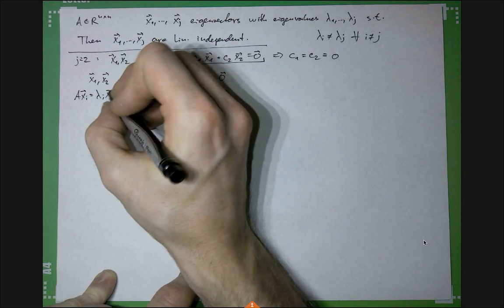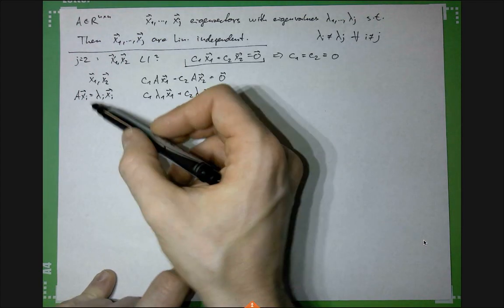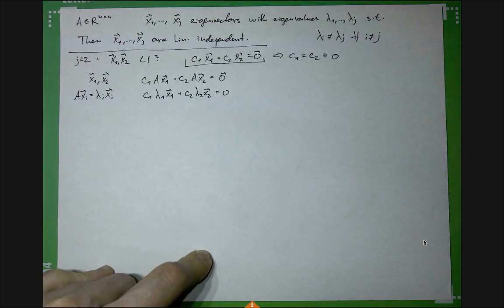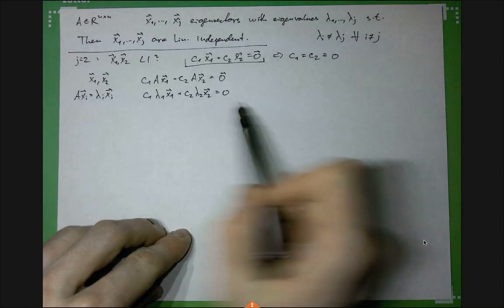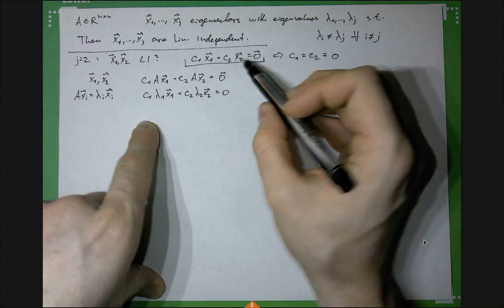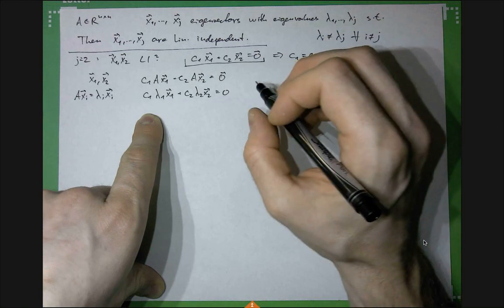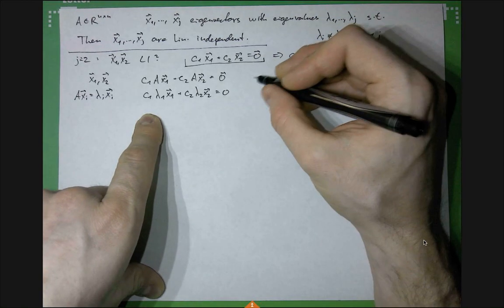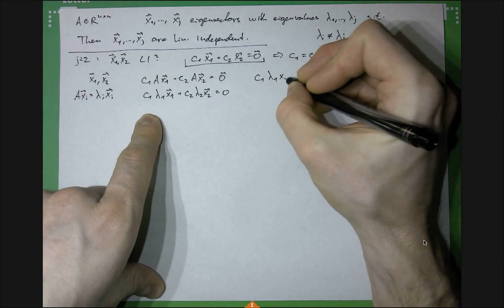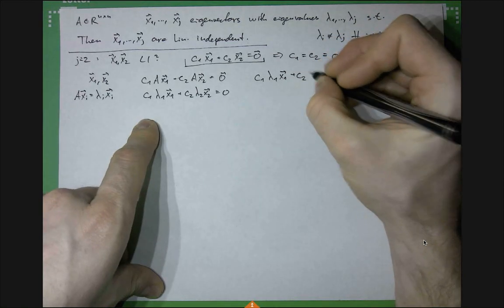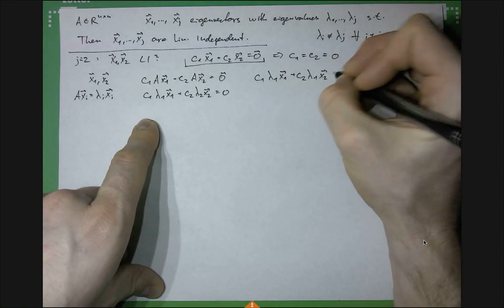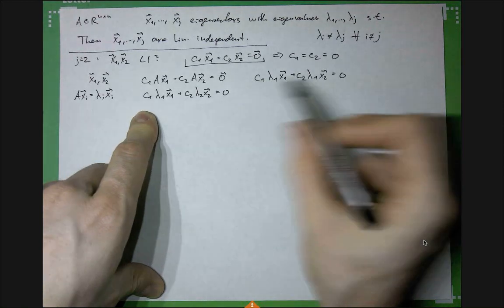That's the definition. That's what it means for xi to be an eigenvector with eigenvalue lambda i, right? So this is what I got. But on the other hand, if I start from this and I just multiply it with lambda 1, then I get this: C2 lambda 1 x2 is 0. So I have these two equations.